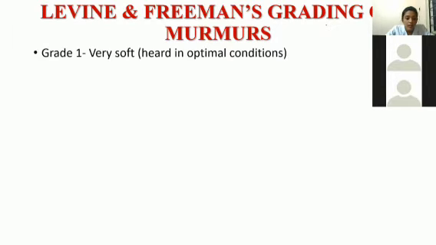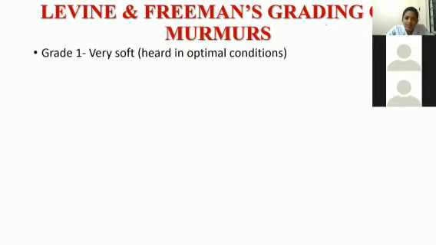Levine and Freeman gave a grading for the murmurs. According to this grading, while we are assessing the patient, we can see what the grading of the patient is, and what the level of injury for the patient is. Grade 1: very soft, heard only in optimal conditions.